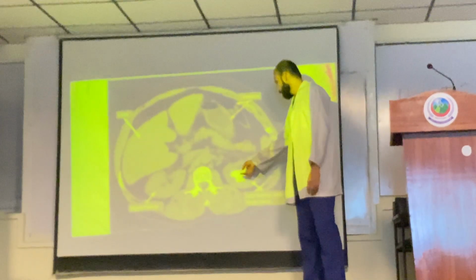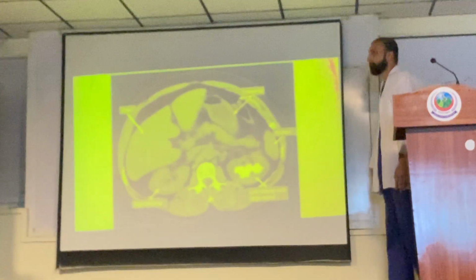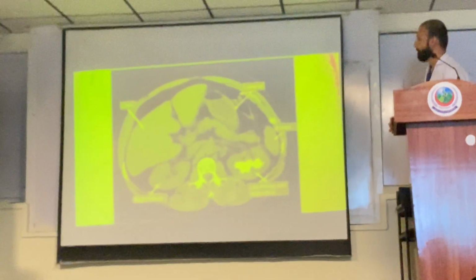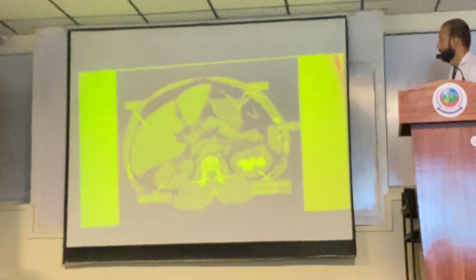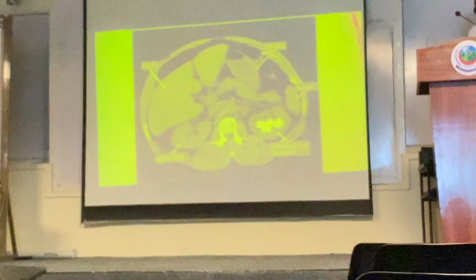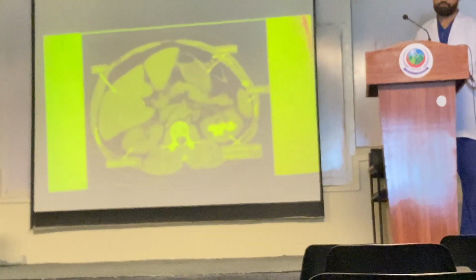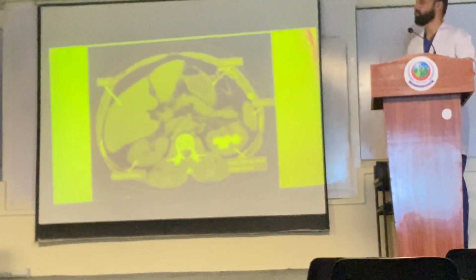So here, the stones are present in the CT. Now tell me, what kind of image is this, like MRI or CT scan? CT scan, okay. Now, which one is the right side of your patient? Your left side, because the liver is on the right side, right?